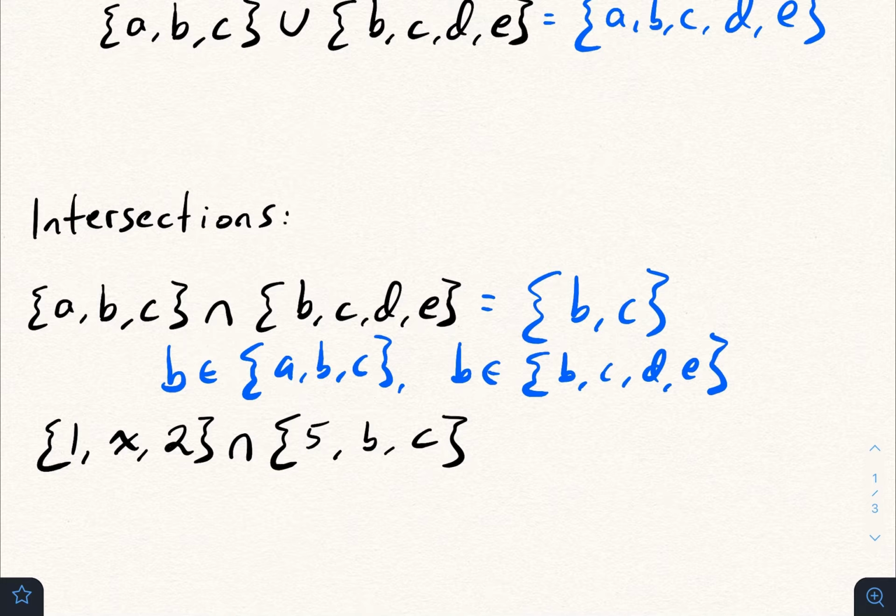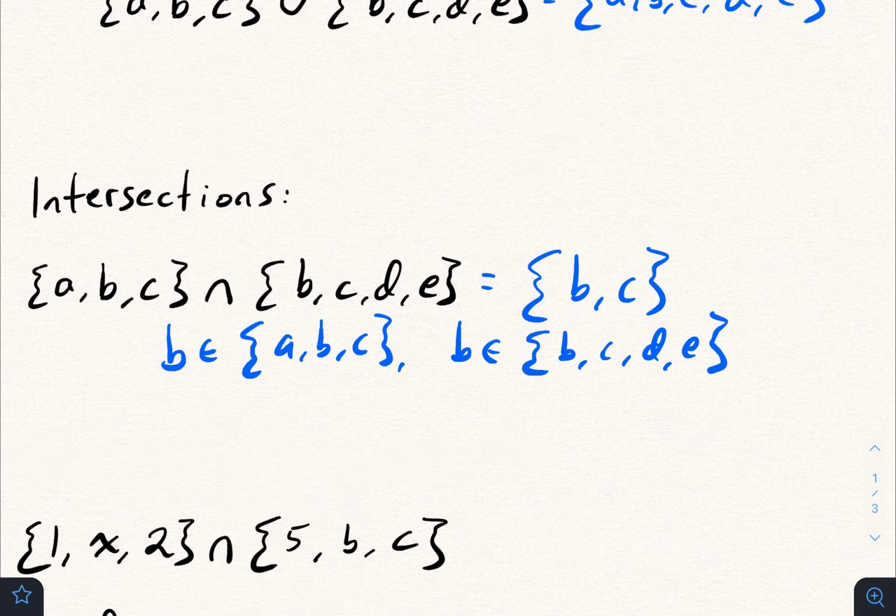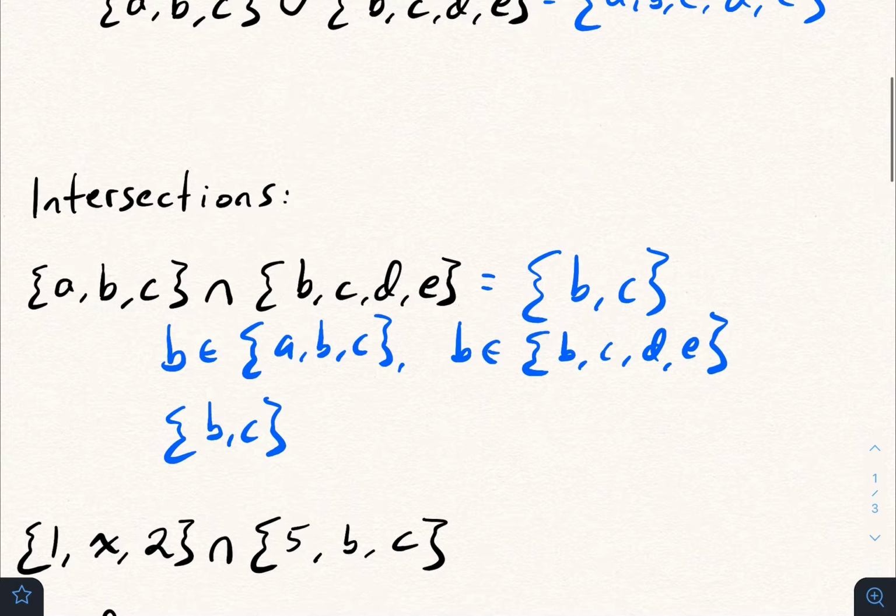One thing that you should notice here is that whenever you take an intersection of two sets, so B comma C right here, this set is smaller than both of those other sets. Everything that's in this set is also contained in both of the other sets.